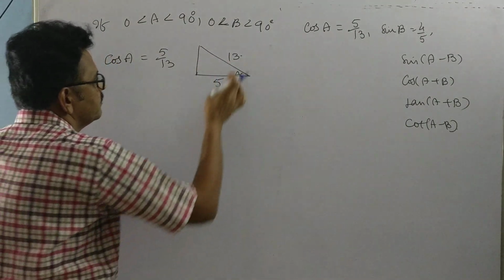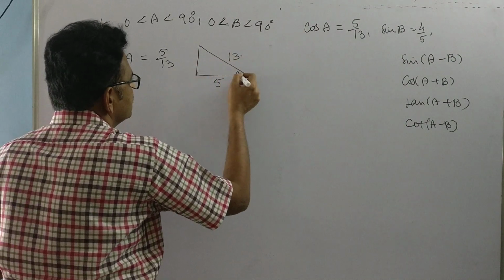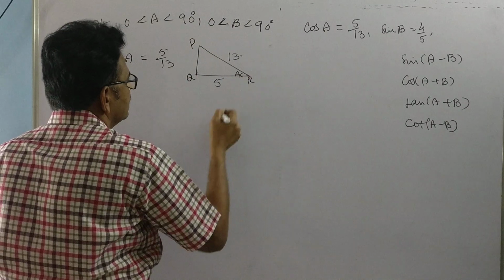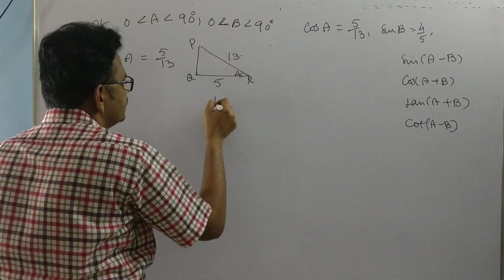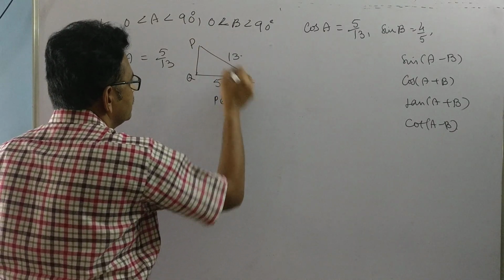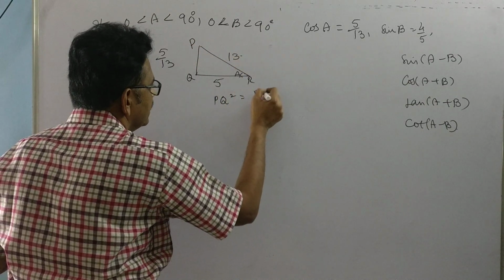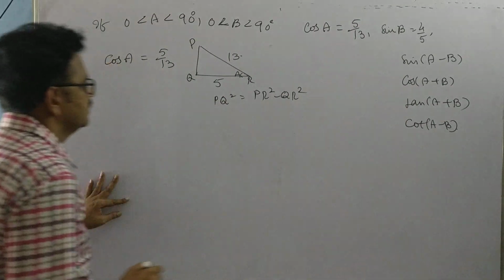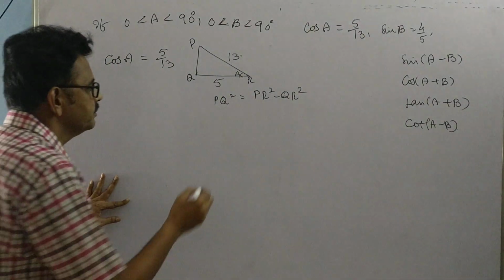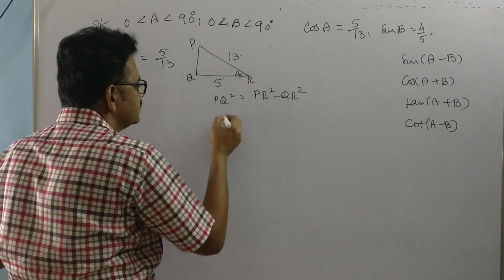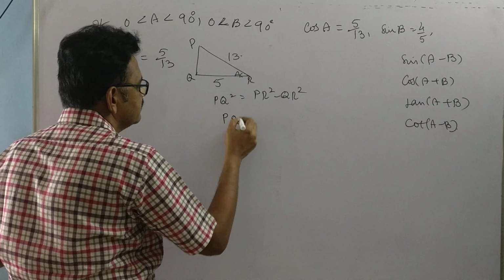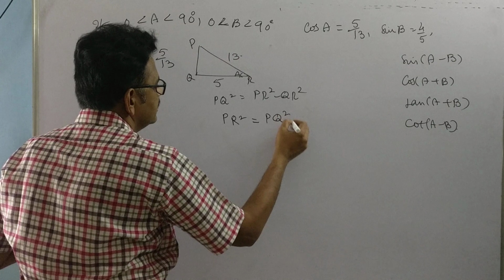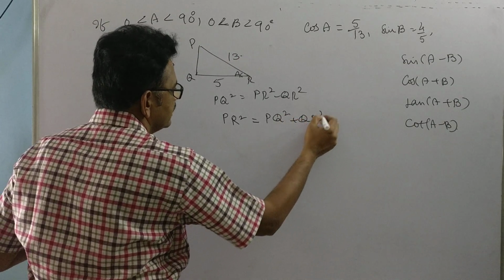From this right angle triangle, let it be PQR. Hypotenuse PR square is equal to PQ square plus QR square.